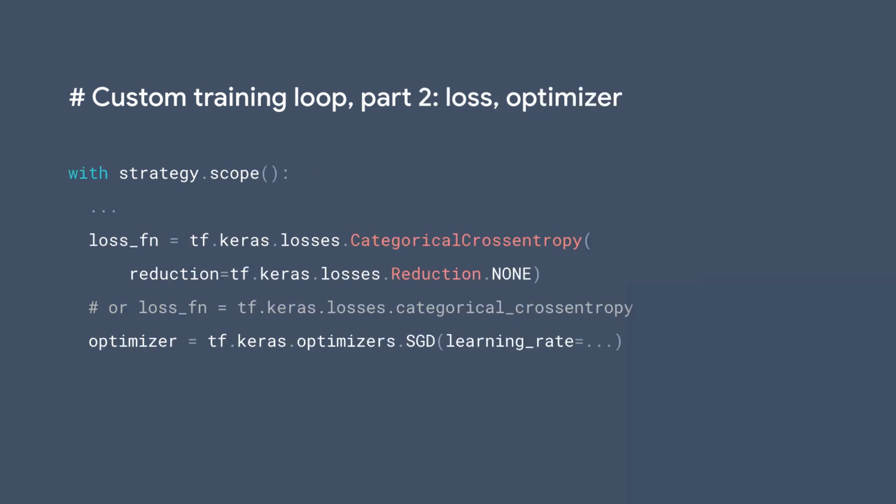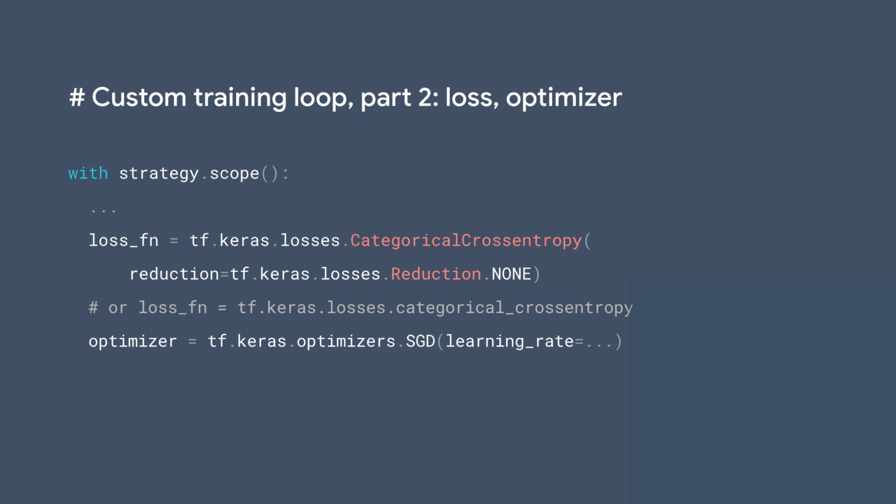Originally, we tried making the Keras loss classes automatically scale the loss values according to the number of replicas. We found that that did lead to some user confusion.